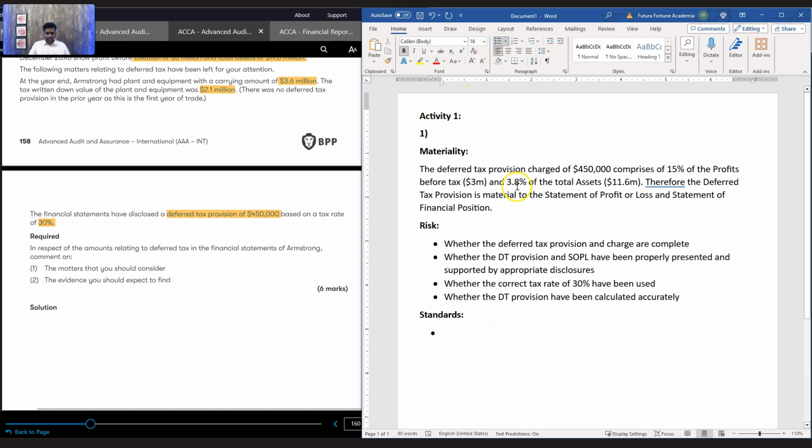The standard says that as per IAS 12, if it's possible, then quote the standard if you remember it. It requires deferred tax to be calculated at a rate that is substantively enacted and expected to apply when the deferred tax is to be settled.